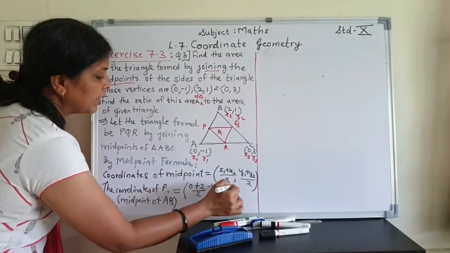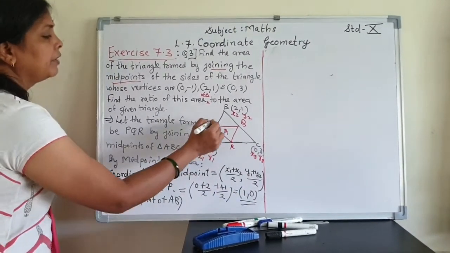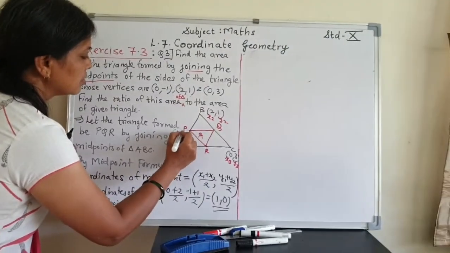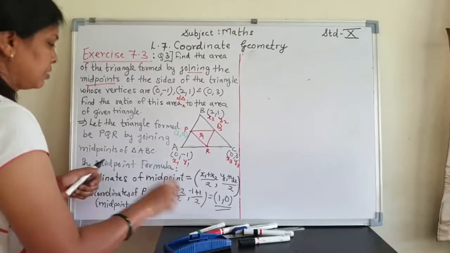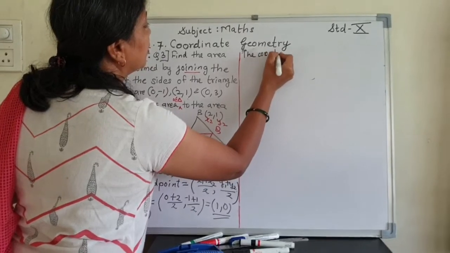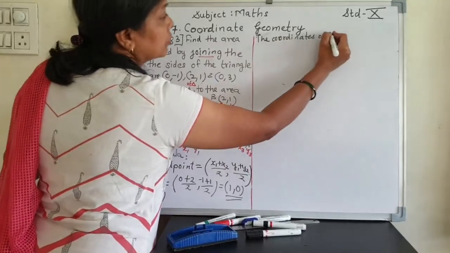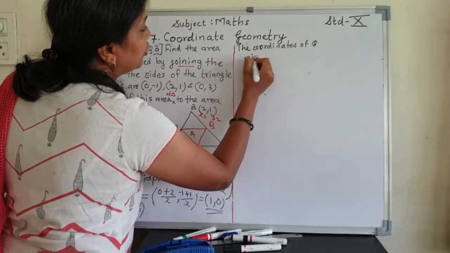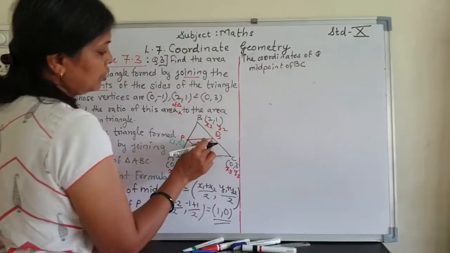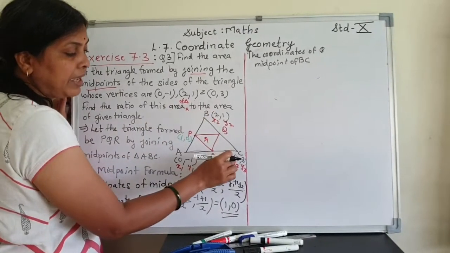So that gives us finally here 1 and 0. Coordinates of P are 1, 0. Next, similarly, the coordinates of point Q, that is midpoint of BC. You can see point Q is midpoint of BC. So we will take this as x1 and this as x2.